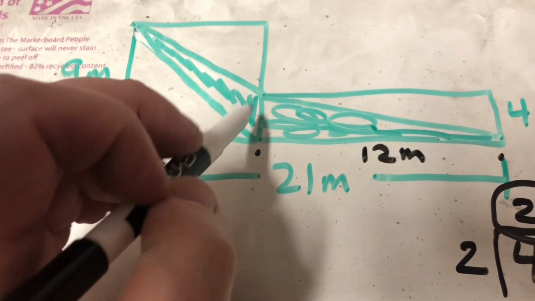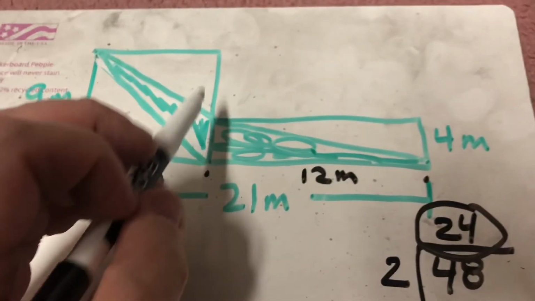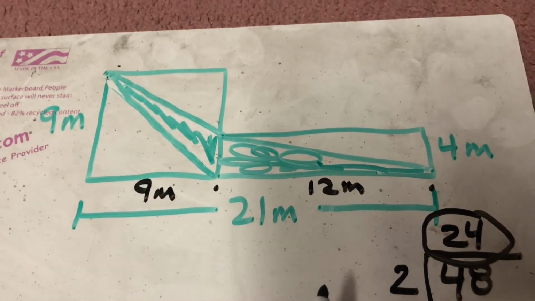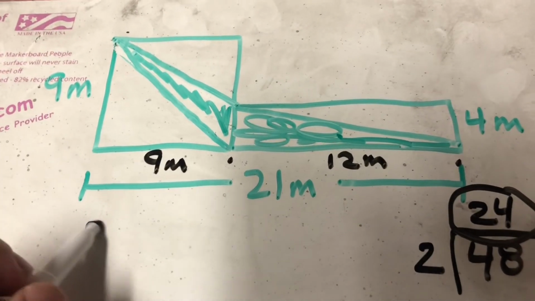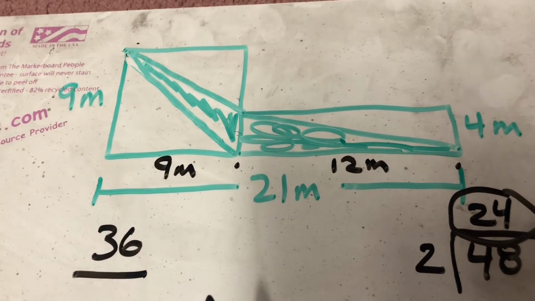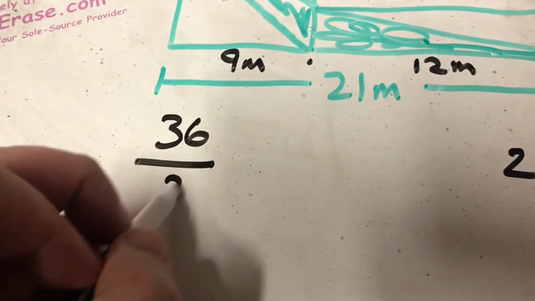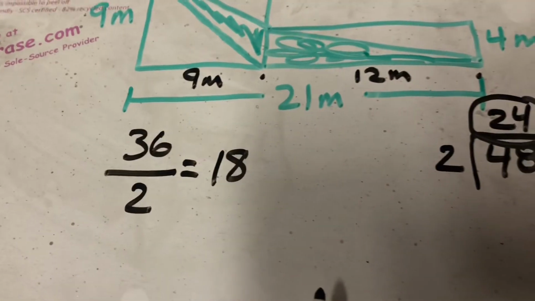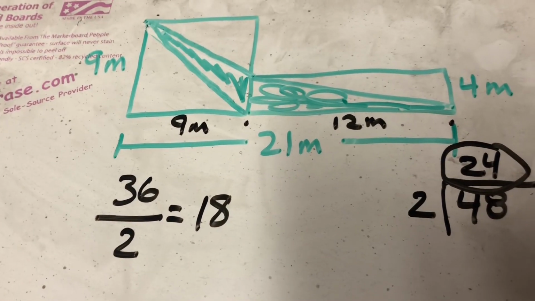I see that the base is 4 meters, and I see that the height from top to bottom is 9 meters. So I can do 4 times 9, and that gives me 36. But it's a triangle, so I have to cut that in half. Well, so that's 36 divided by 2. Well, 36 divided by 2 is 18. So this shaded figure has an area of 18 square meters.